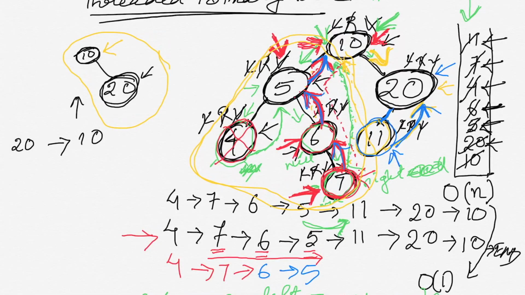But we don't print the current node. We print all other nodes in the path from the predecessor to the current node, following the right pointers from each node, and we print till we reach the current node, but we don't print the current node. And the reason for that is we just processed the left subtree, and we still need to process the right subtree.